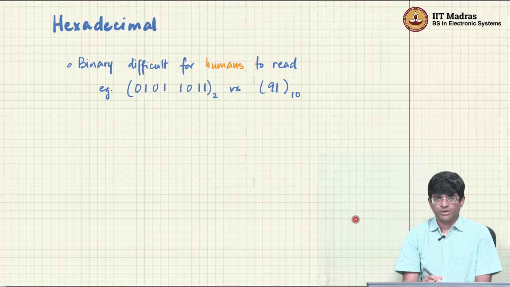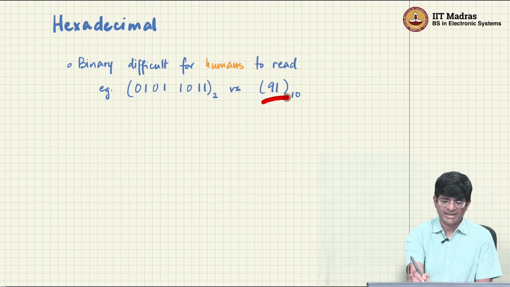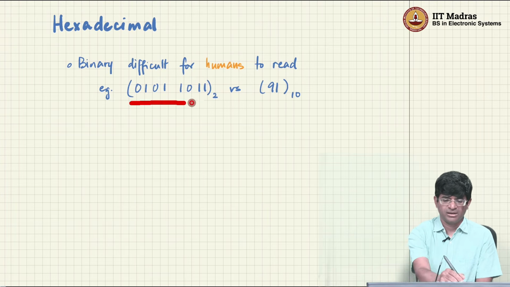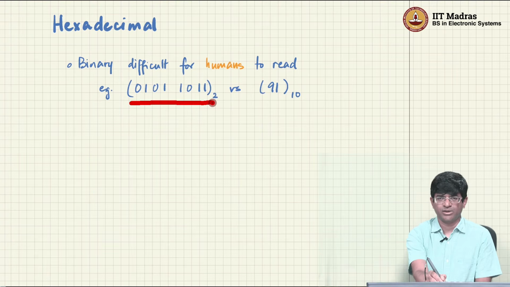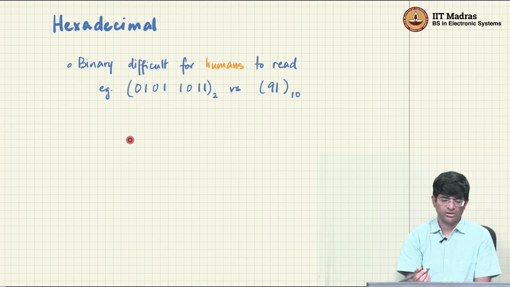Now, we have looked at both positive and negative numbers represented in binary, and binary is fundamentally difficult for humans to read, right? So even for a number just as simple as 91 or something, I have an 8-bit representation out here, right? Ideally if this was an 8-digit decimal number, then I might start thinking in terms of 1,011,011 and so on.